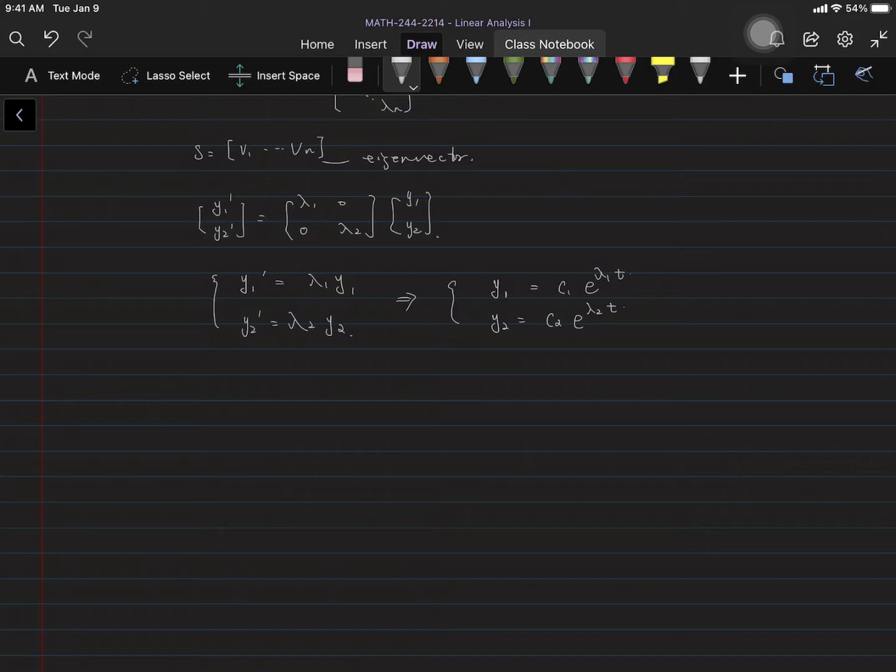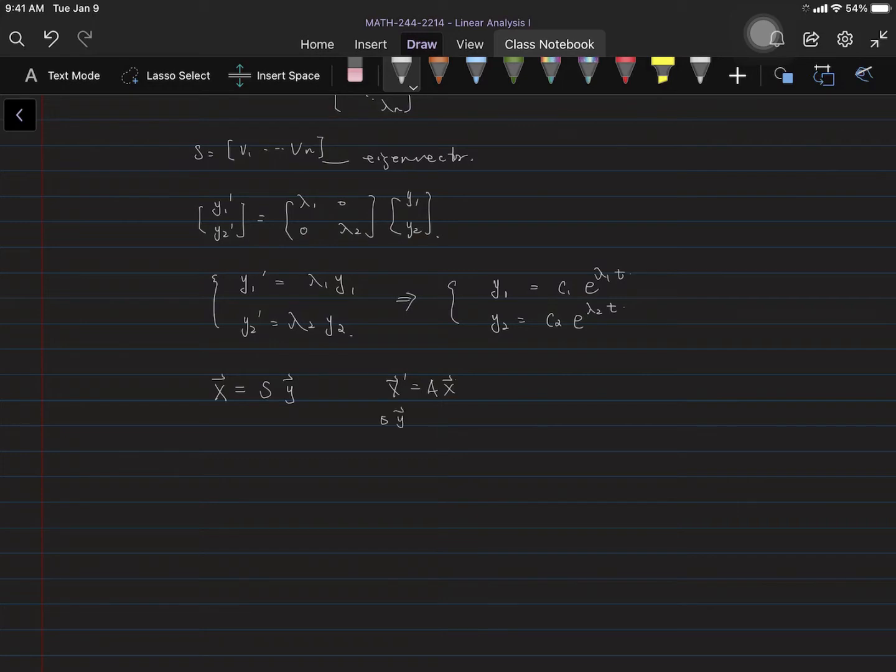So think about the beginning of the class, where we make x equals Sy. When we make x equals Sy and plug it into x prime equals Ax, we can have a quick review.